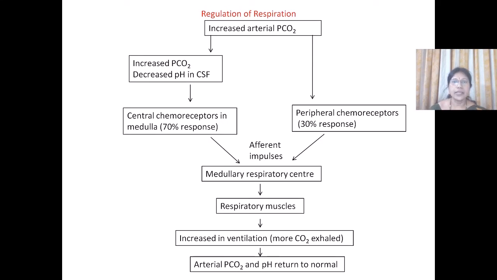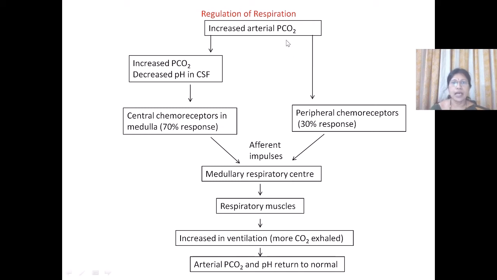Hypercapnia is the increase in the partial pressure of carbon dioxide. When the partial pressure of carbon dioxide is increased in the arterial blood, the peripheral chemoreceptors are stimulated. At the same time, the central chemoreceptors are also stimulated.